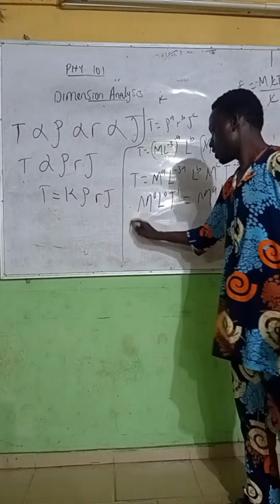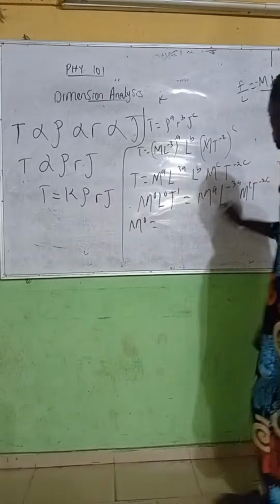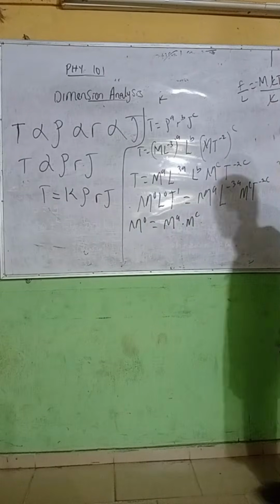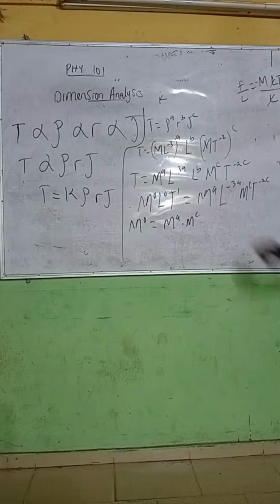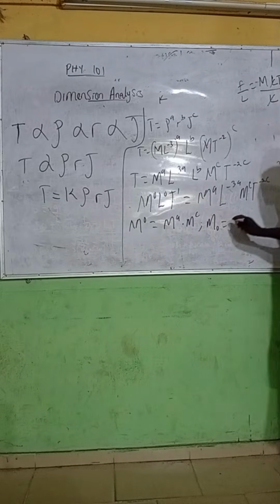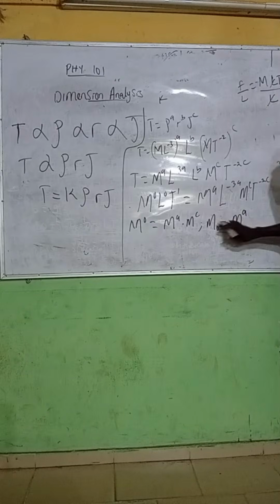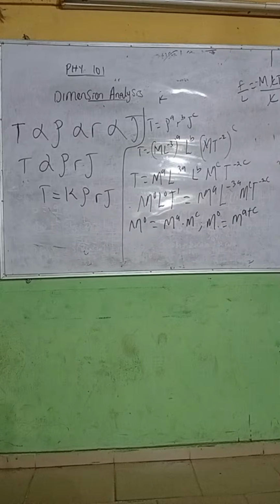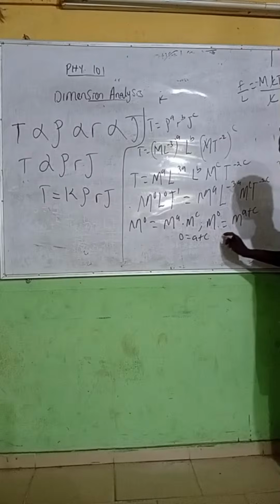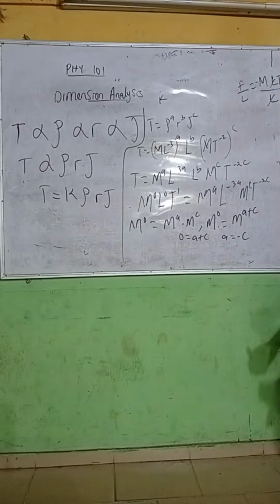On this side, M raised power 0 equals to M raised power A multiplied by M raised power C. So we have M raised power 0 equals to M raised power A plus C, using indices. So here we have 0 equals to A plus C. So A equals minus C.